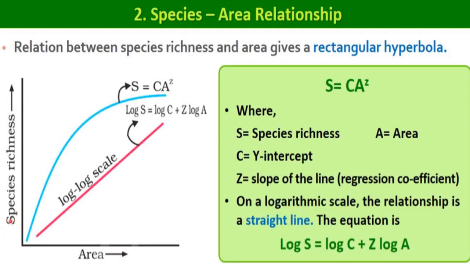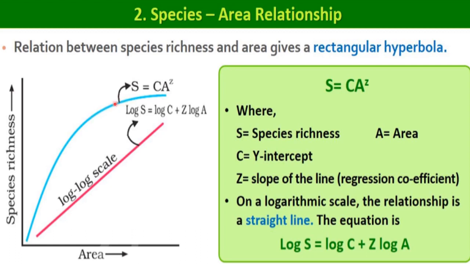On one axis species richness is shown, and on the other axis this is area. Area is increasing this side and species richness is increasing like this. The relation between species richness and area gives a rectangular hyperbola, as you can see here. In the starting, as the explored area increases in this direction, species richness is also increasing like this, but up to a limit, and this is the limit.